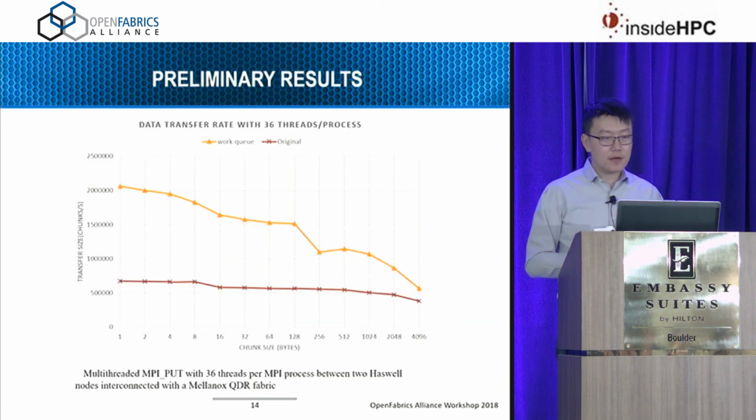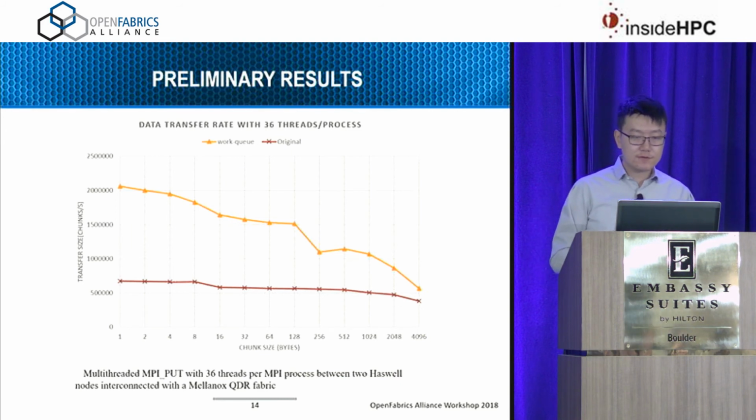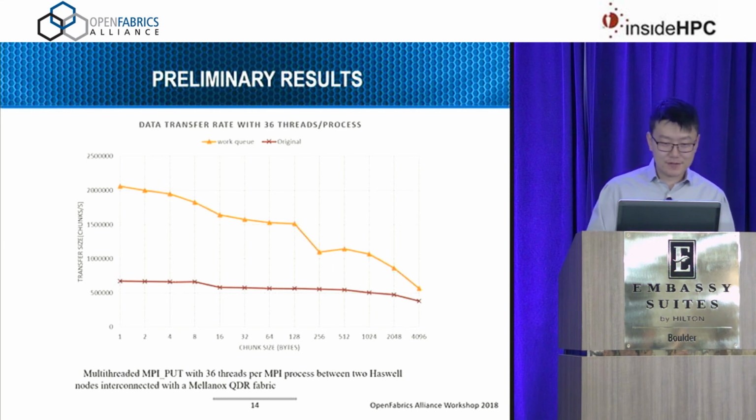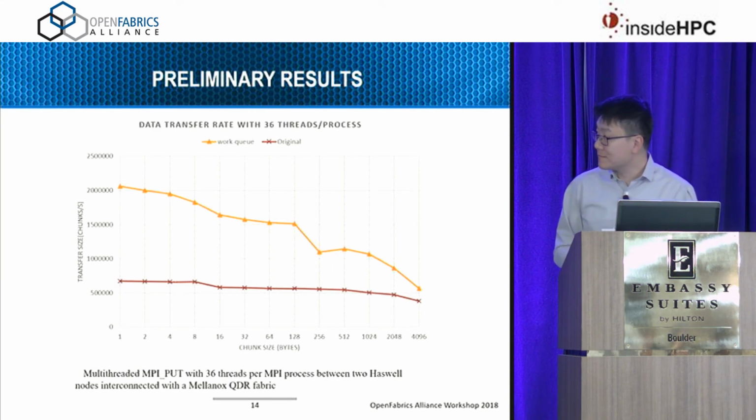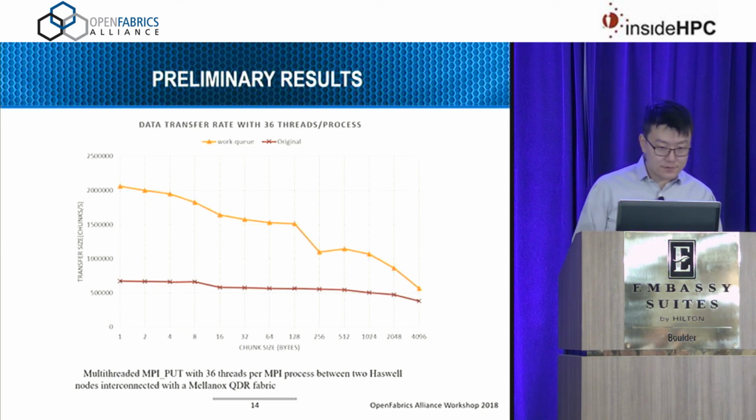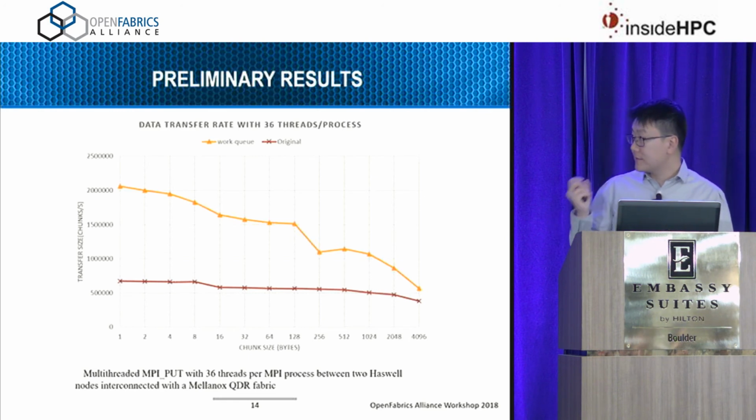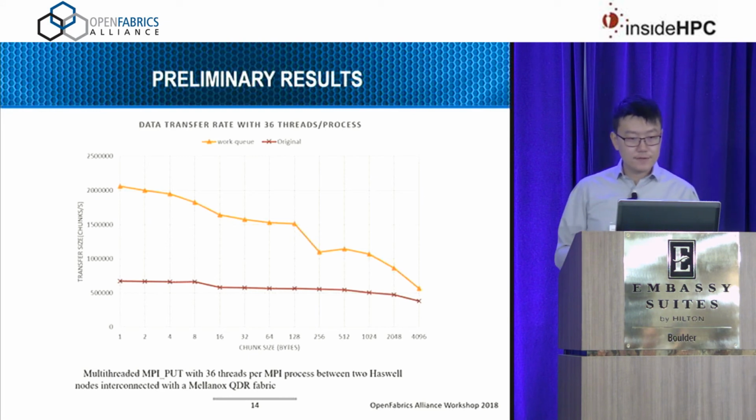So we have some preliminary results of using this. This is actually not using OFI. This is using a Mellanox QDR fabric. The dark red line here is the multi-thread MPI performance with no work queue implementation, no optimization at all.